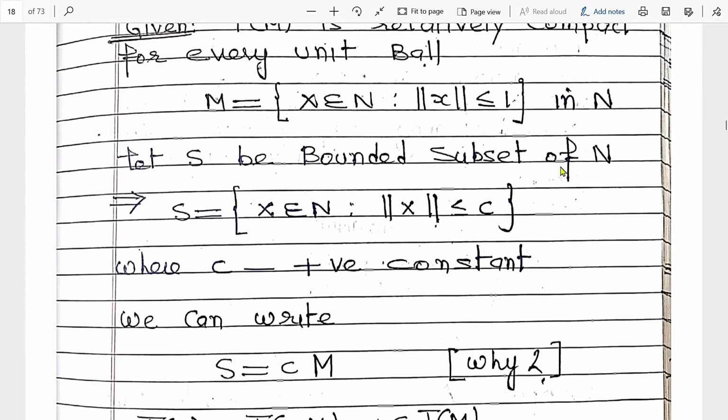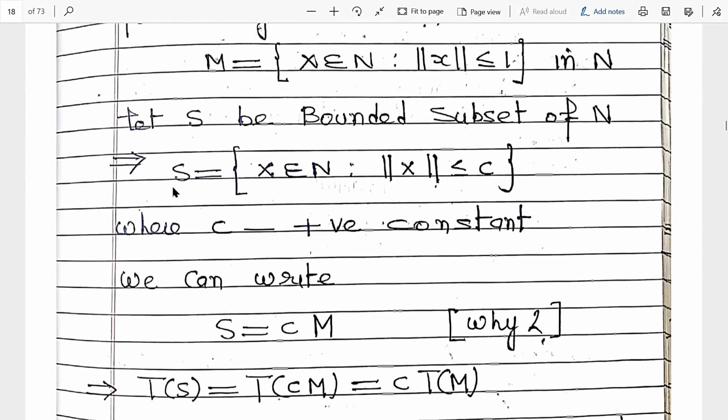If S is a bounded subset of N, then for every x belonging to S, the norm of x is less than or equal to C, where C is some positive constant. Clear? Now comparing these two results, M is a unit sphere with origin 0 and radius 1, and S is a sphere of origin 0 and radius C. So the relation between them is S equals CM.